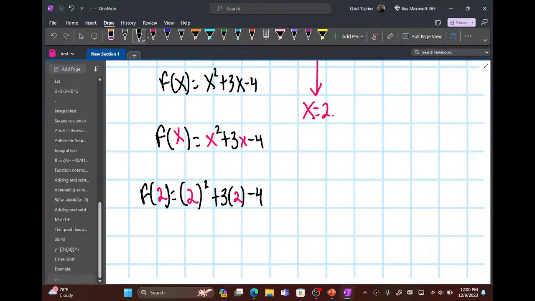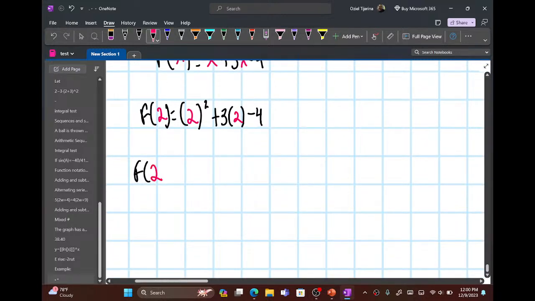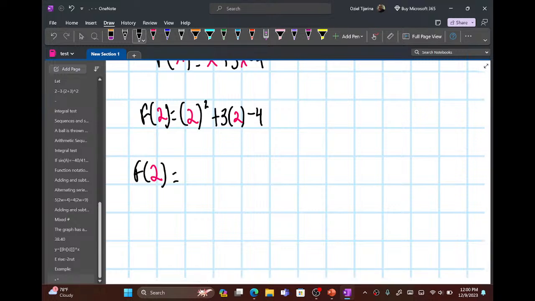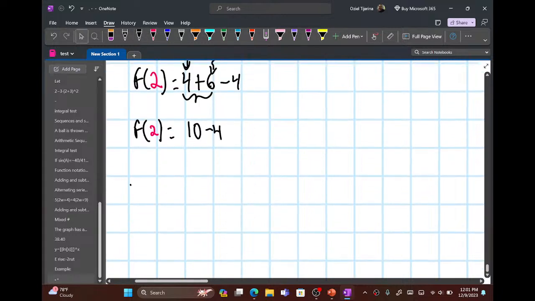So f of 2 is equal to, this is 4, right? Plus 6 minus 4. We have to know how to do this, guys. Very important. This is going to be 10 minus 4, which is equal to 6.